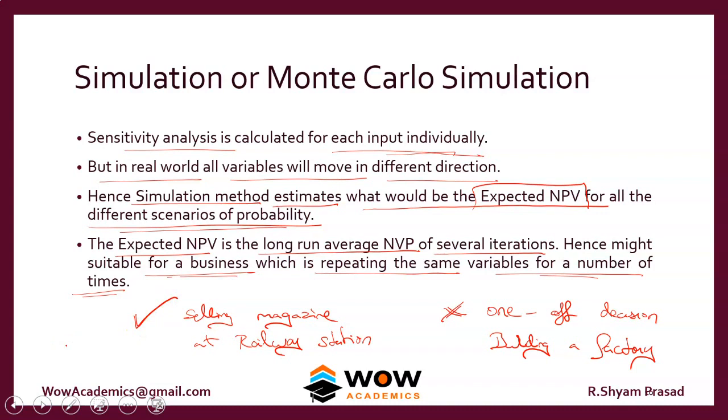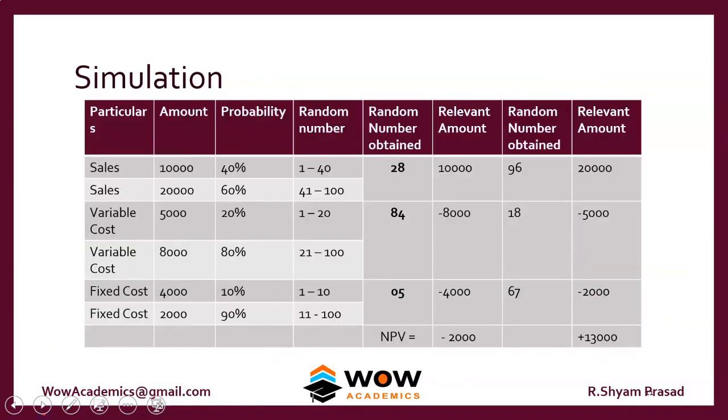We look at how simulation will work. So we have come to the simulation table here. Assume that a company is having sales, variable cost and fixed cost. Okay, and the thing is, for sales they are not sure about how much amount they will get, so they feel that 40% chance that they will receive 10,000, there's a 60% chance they will receive 20,000.